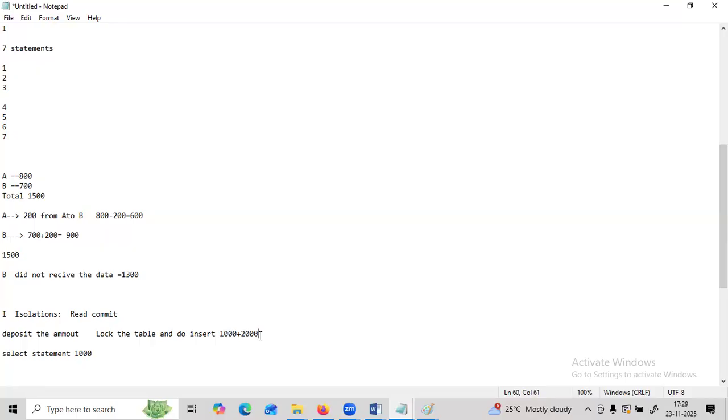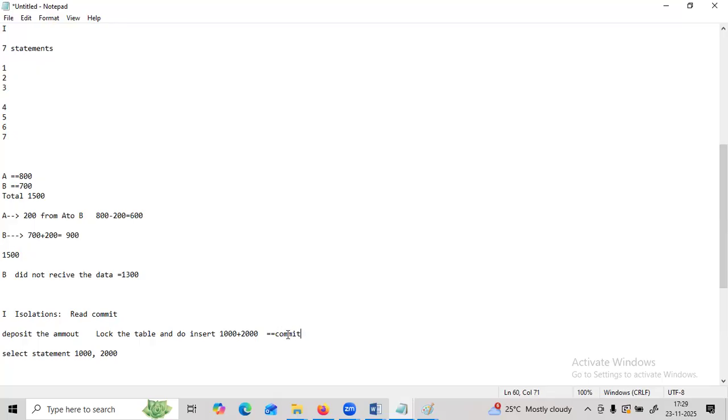But here it may provide 1,000 or 2,000, but it is going to provide some false data. Why? Because if you're not going to do any locking, what will happen? It will provide 3,000, but the person at the bank did not do any commit.